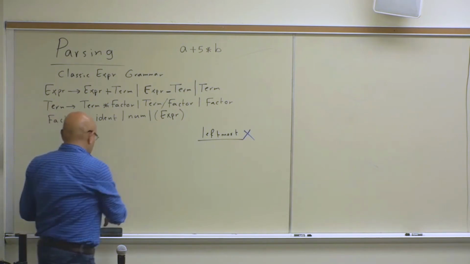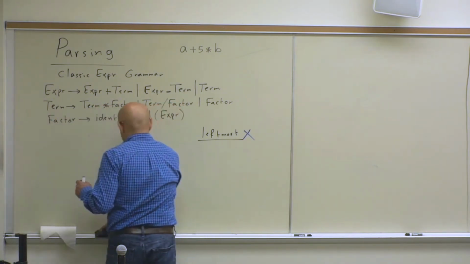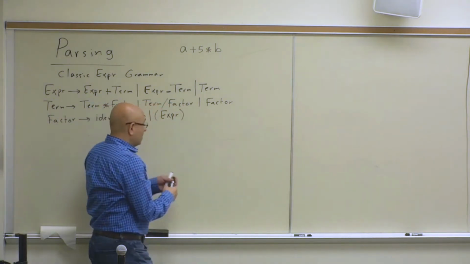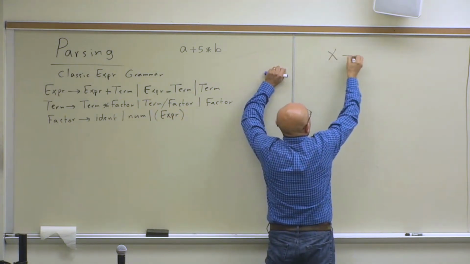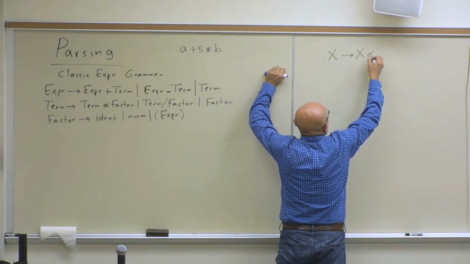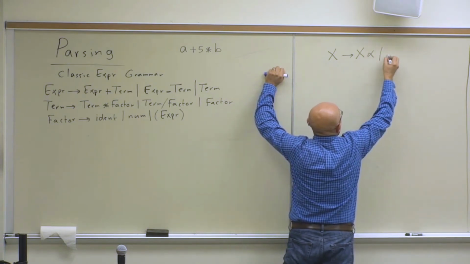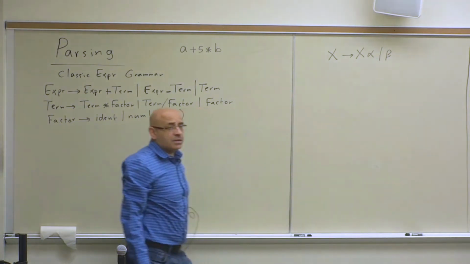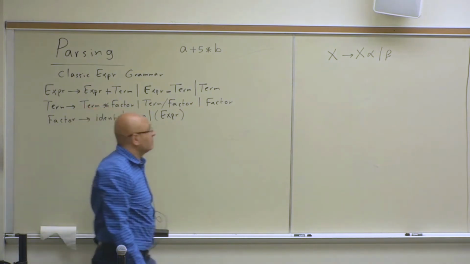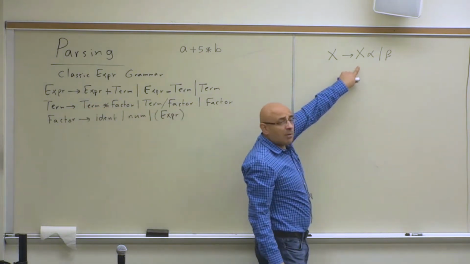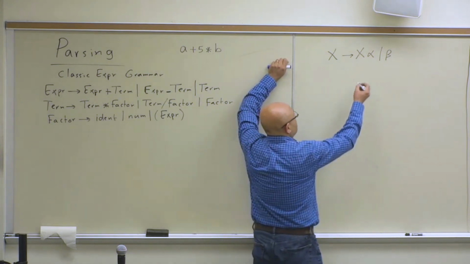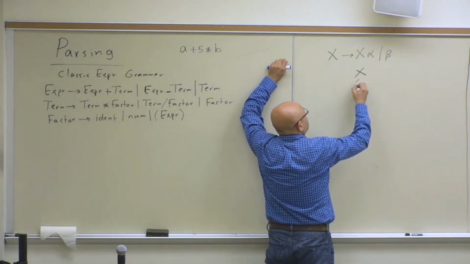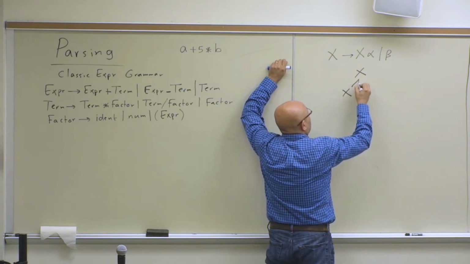Okay. So now, left recursion and right recursion. Let's look at the general case. If you have something like x is x alpha or beta. Of course, with recursion, you have to have a base. Now, if you try to do the derivation from this left recursive rule, you will see: x, I'm going to do x alpha.